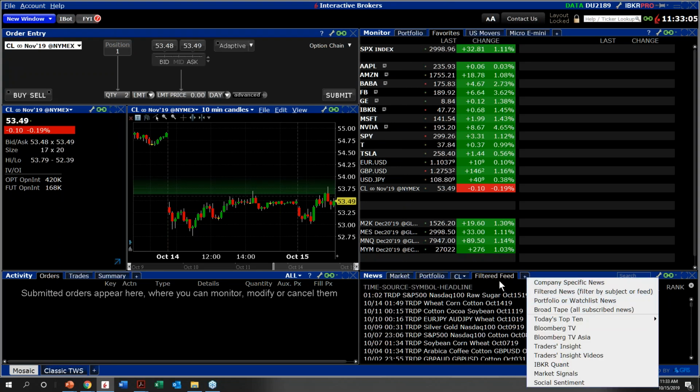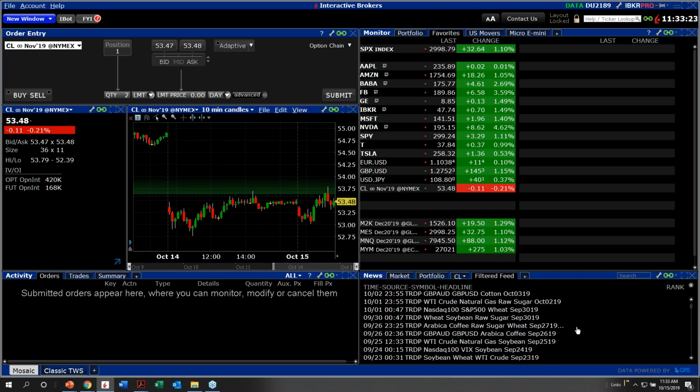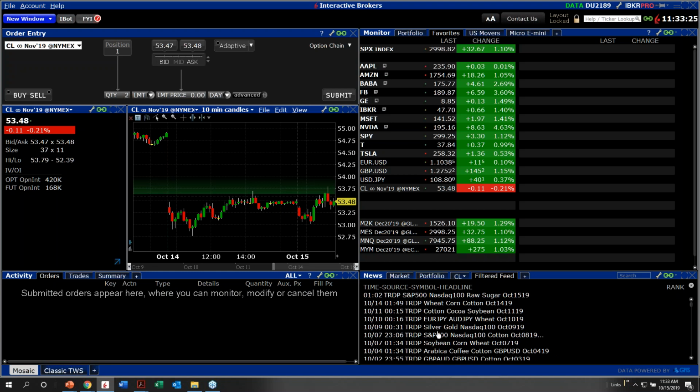Notice here I've added that filtered feed, and then you can filter for tradable patterns information to display. You'll see the date of the release, and it does go back quite a distance, so if you want to go back and take a look, you can.